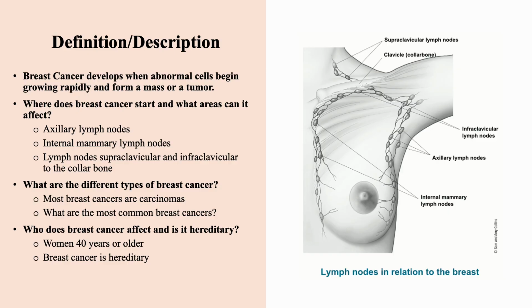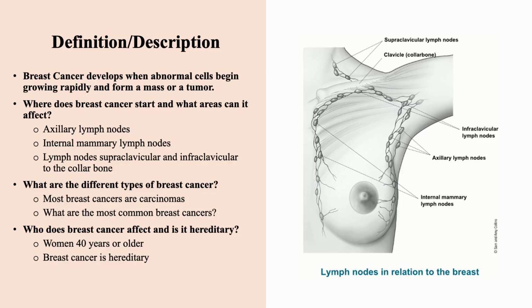Breast cancer is also hereditary, so it could be a first-degree relative, which is a parent, a sibling, or a child, or it could be a second-degree relative, which is an aunt, an uncle, a grandparent, a cousin, and it's actually caused by a genetic mutation in the BRCA1 and BRCA2 genes.